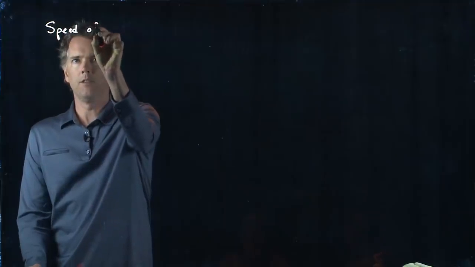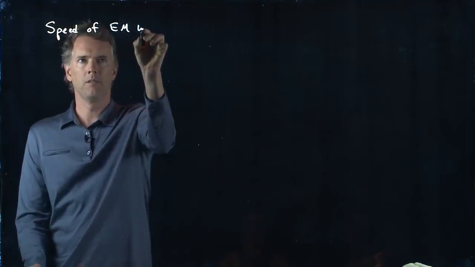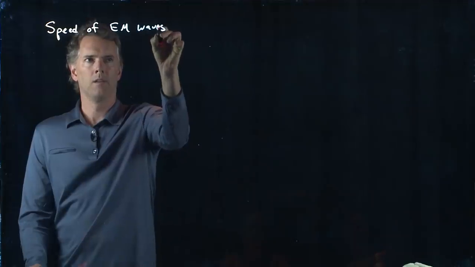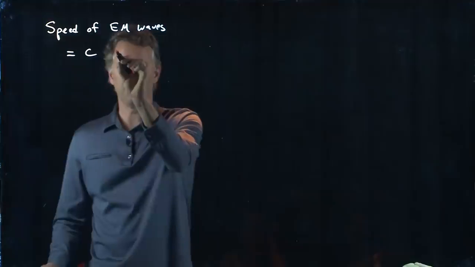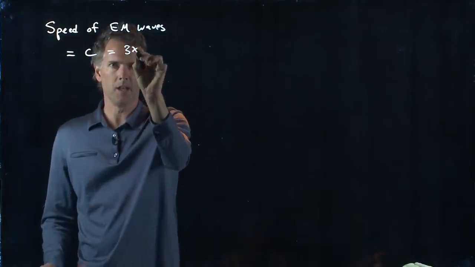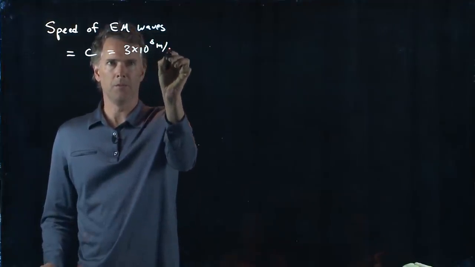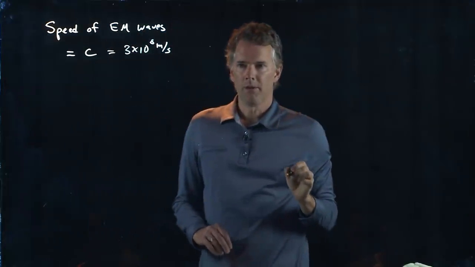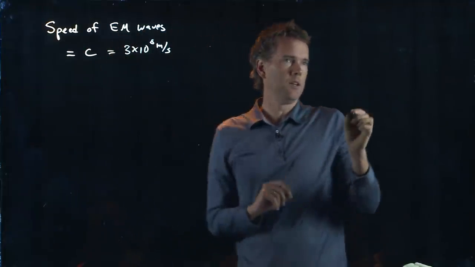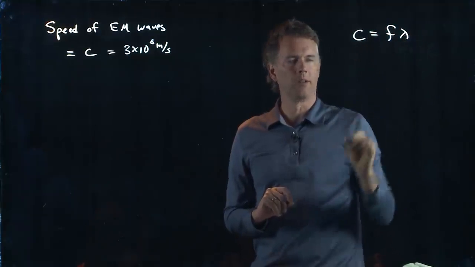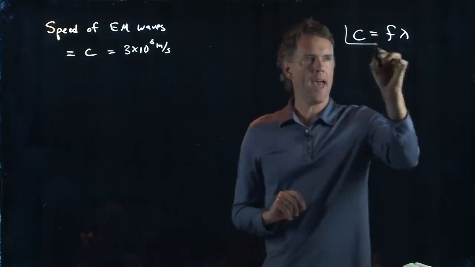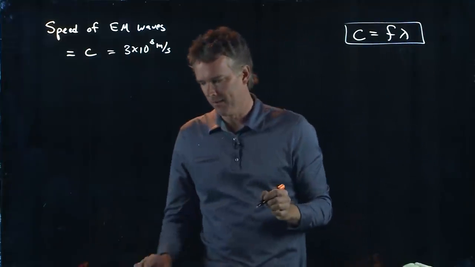So one thing that we need to know is the speed of these EM waves, which we said was equal to C, right? And C is 3 times 10 to the 8 meters per second. But there is a relationship between C and some of the other quantities that we're going to talk about, which is the following. C is equal to F times lambda.